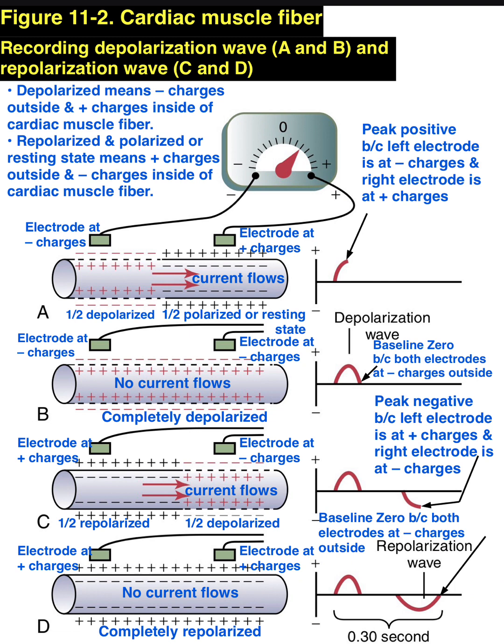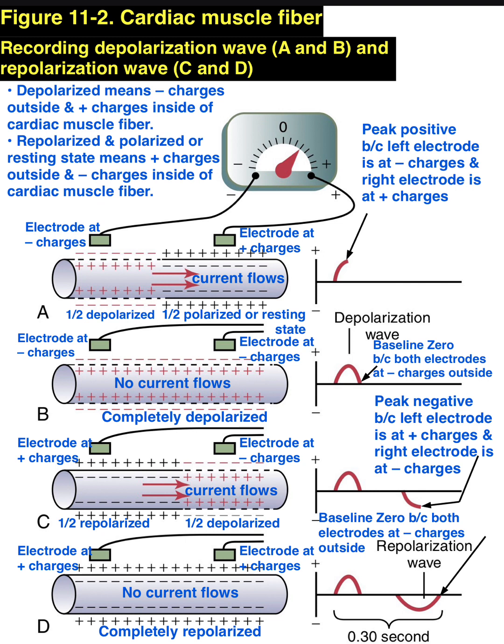The left half of this fiber is showing negative charges outside and is half depolarized. The right-sided half of the fiber is polarized, or at resting state, showing positive charges outside and negative charges inside.